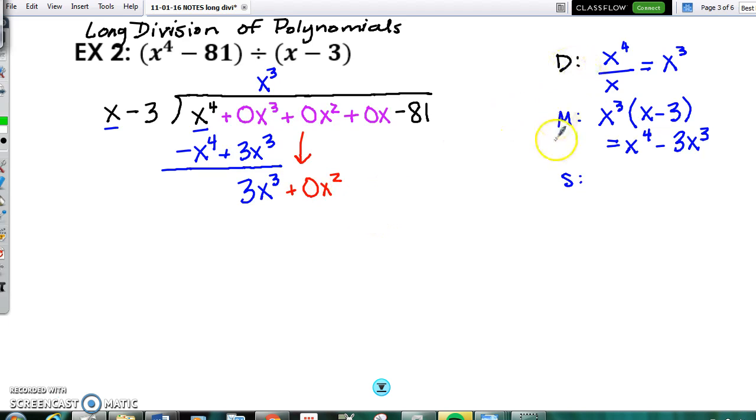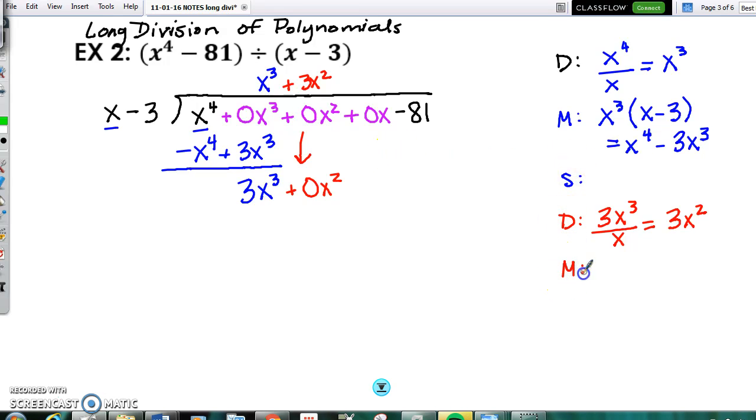And again, we're going to divide, multiply, subtract. So first we divide. First term divided by the first term. Let's see, one of these x's up here cancels out. We still got that 3, so 3x squared. Put that up top. Okay, we divided.